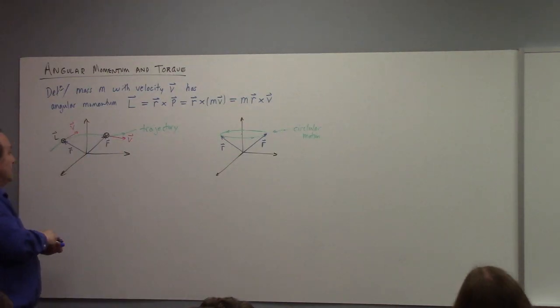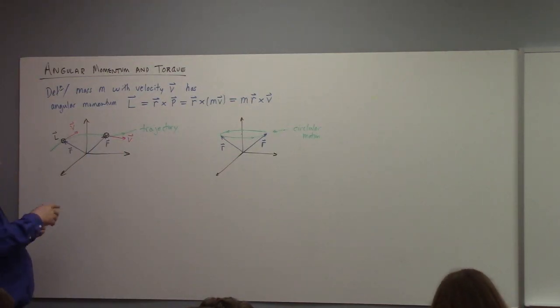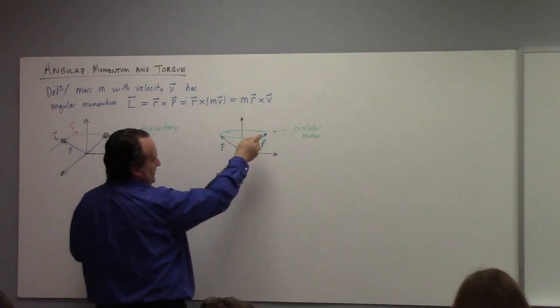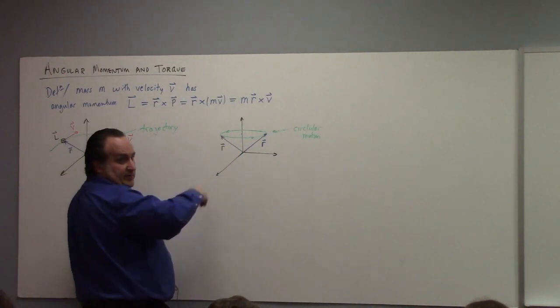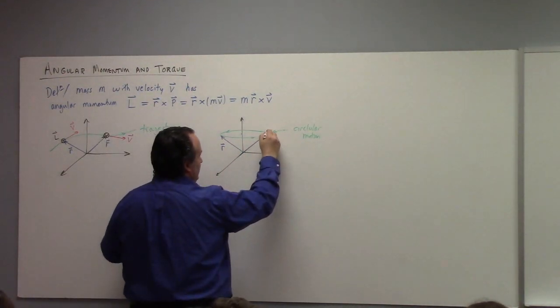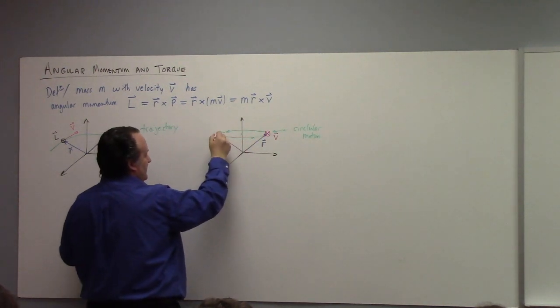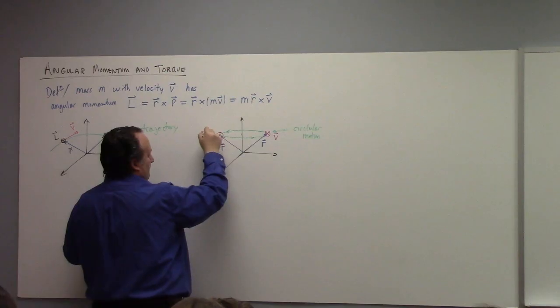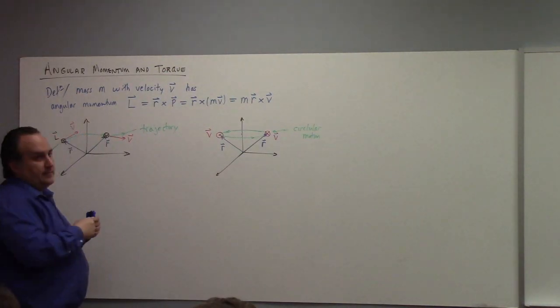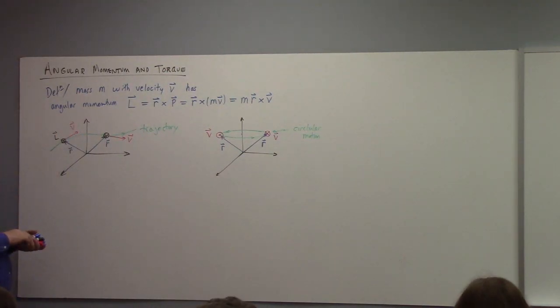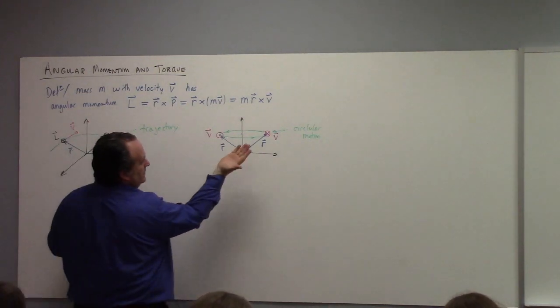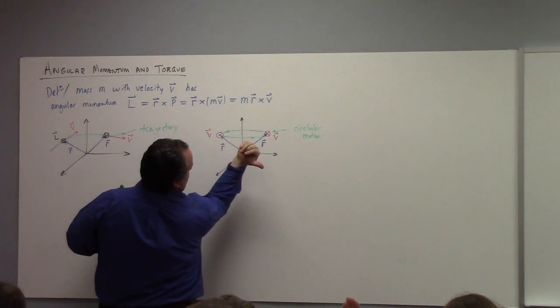And my velocity, let's see here. So the velocity at this point is going into the board, right? So the velocity vector would be something like this here. And over here, the velocity vector would be coming out at you. Where's the angular momentum? We do R crossed into v.